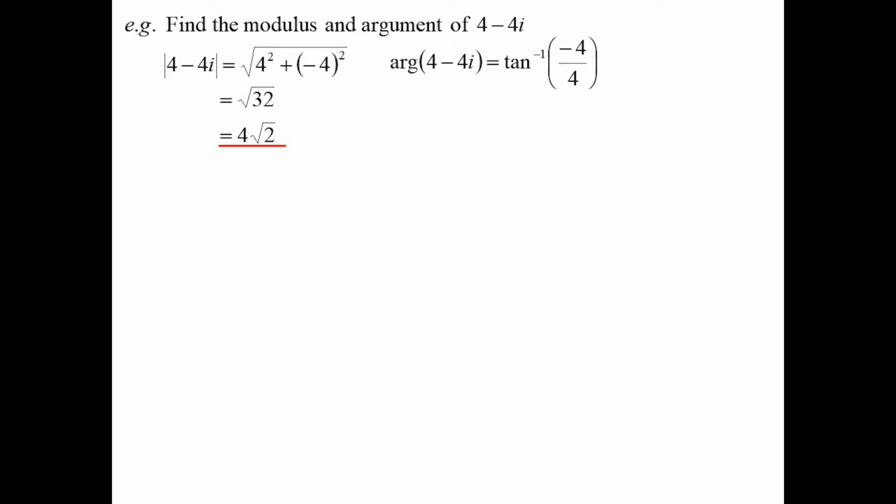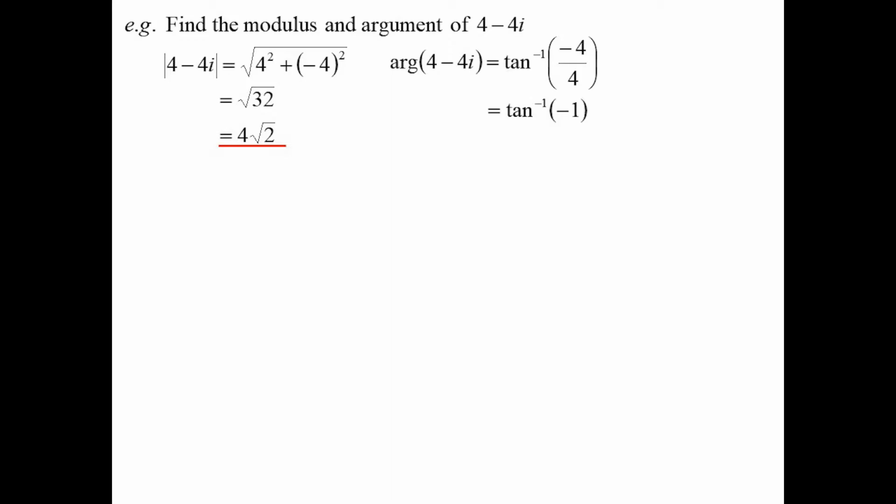So if we had the complex number 4 minus 4i, then the modulus we could work out, real part squared plus the imaginary part squared, that turns out to be 4 root 2. The argument, now with the argument, just like with vectors, we have to be very careful. Because remember, our calculator will only give us specific answers. We need to know exactly where the location is. And that's why I've written this as negative 4 over 4 rather than negative 1.